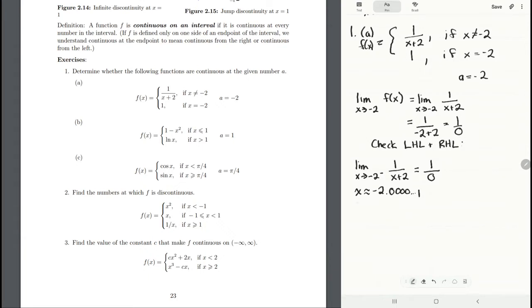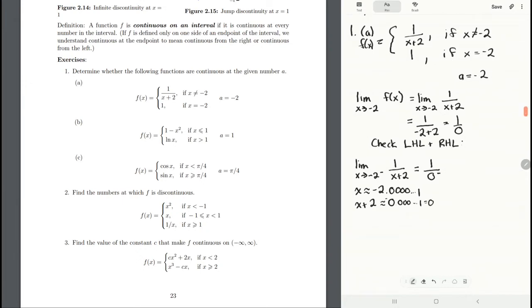If we add 2 to x, we get a very small number, close to 0, but it will be negative. So what we have is 1 over 0 minus, a very small negative number, and 1 over a small negative number goes to negative infinity.